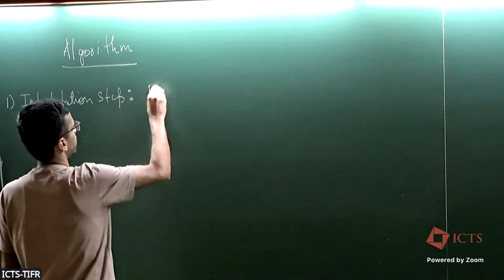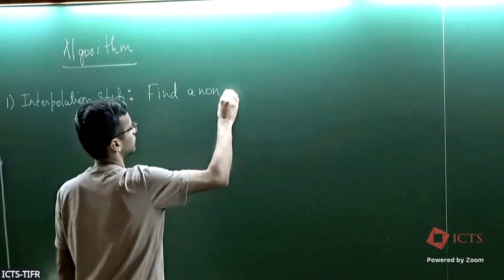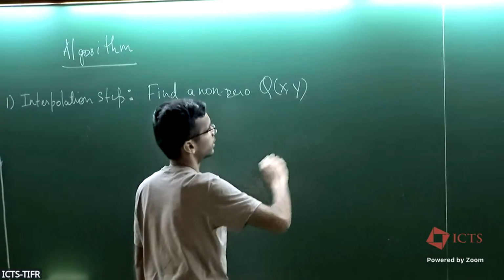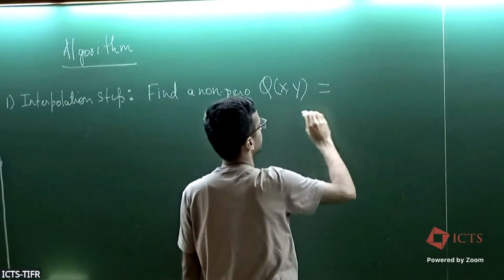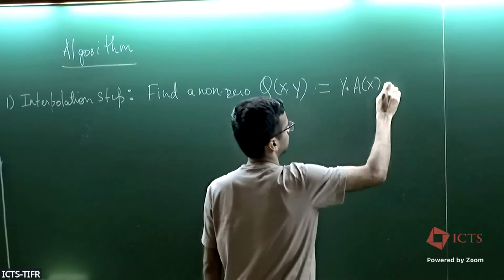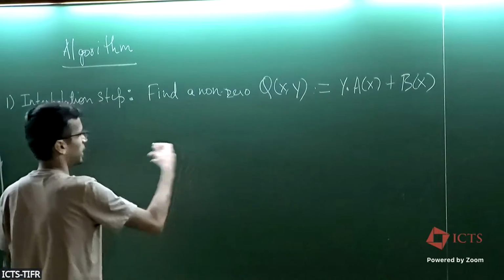So find a non-zero Q of xy of the form y times A of x plus B of x. And it satisfies a few properties.